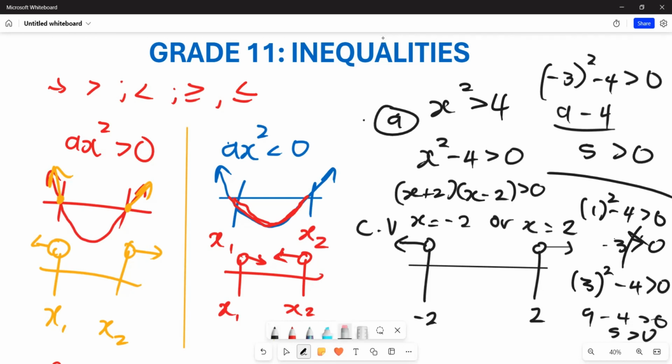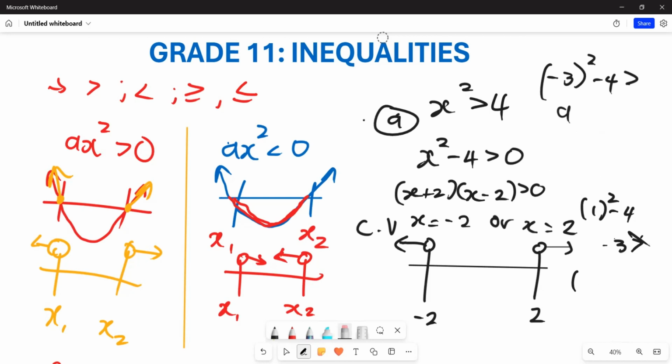And now that you have that, you're going to come back and write this in inequality form. So what does this mean? They are saying here in this inequality that the values that give us a positive value in this expression are going to be values starting from -3, -4, -5, right?